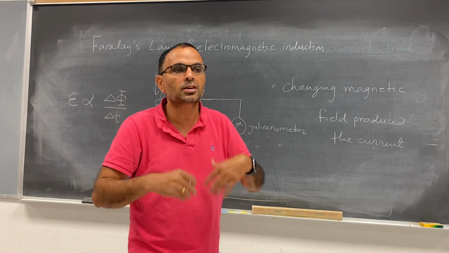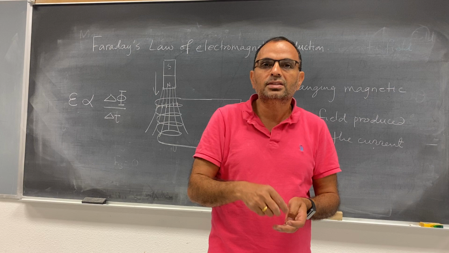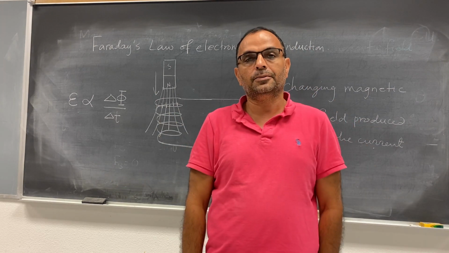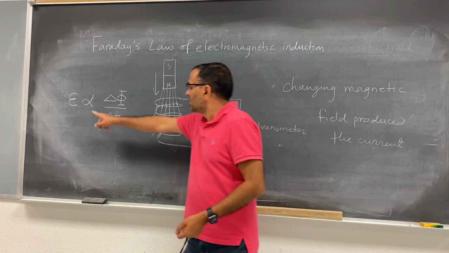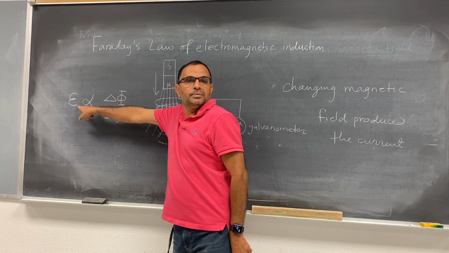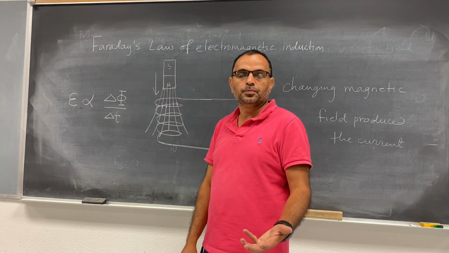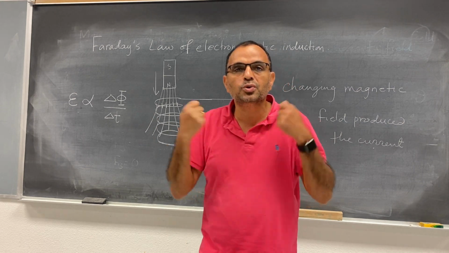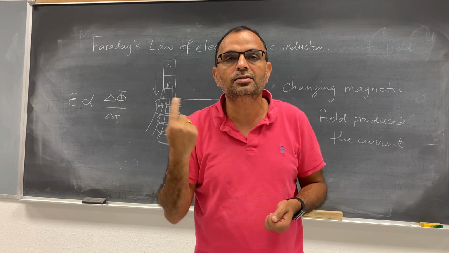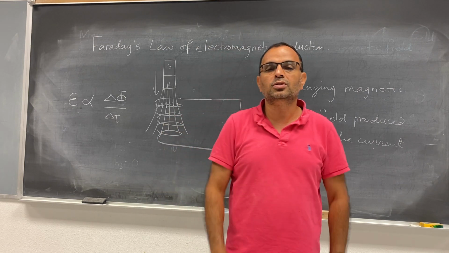Simply, the changing magnetic field produces the EMF, the potential difference. If your circuit is complete, the current flows through the circuit.